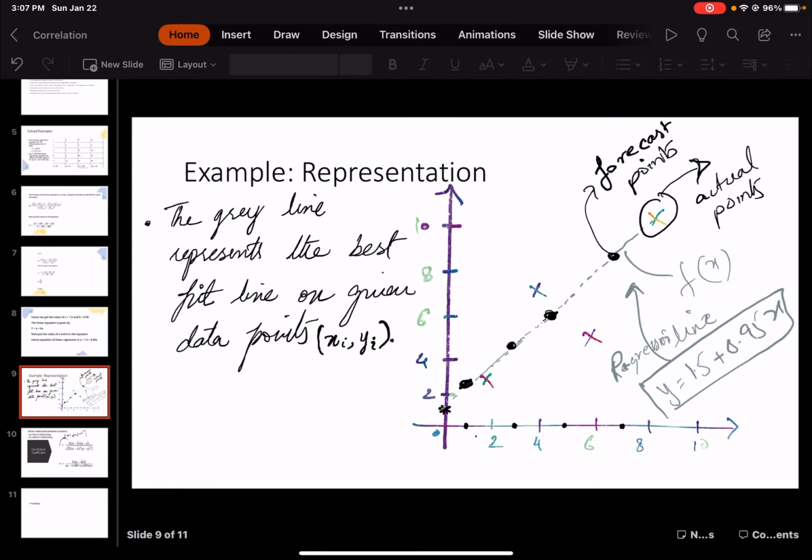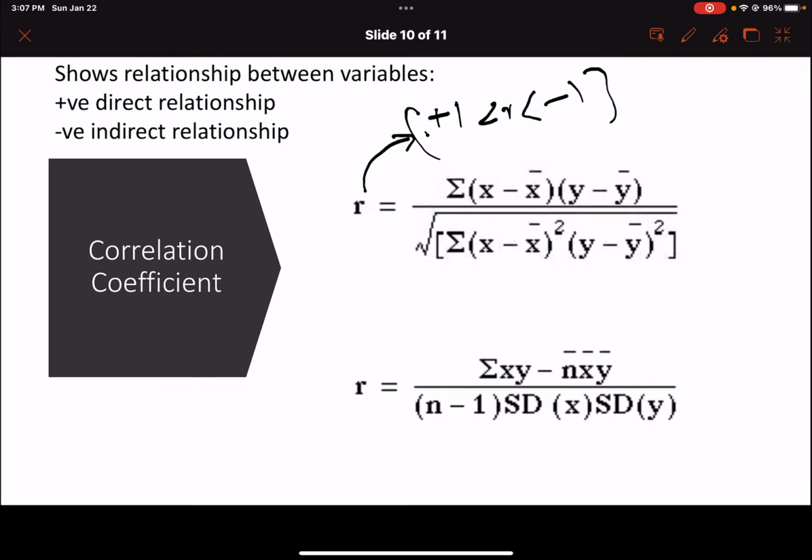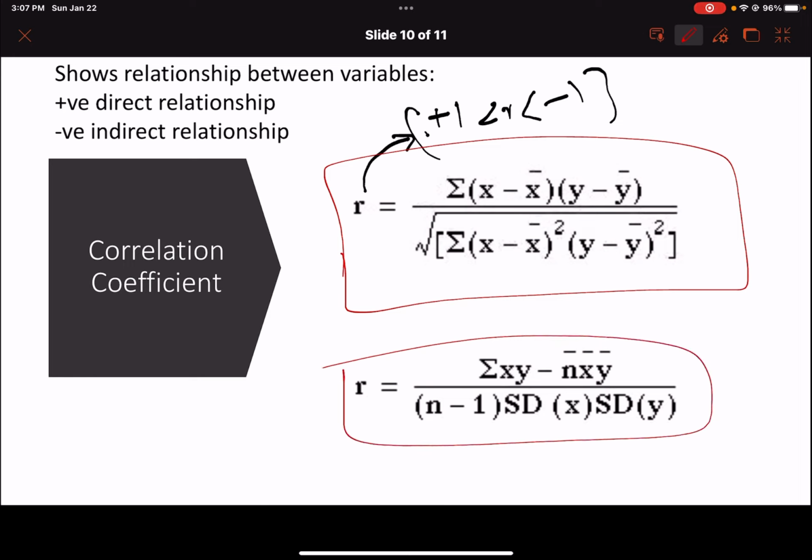So if you have any further questions related to the assignment that was given to you, you can ask me. Yes, so this was the equation. If somebody still doesn't know, this was the equation of correlation. Another representation is this, and the value is between 1 and -1, and the closer it is to the extreme values, the stronger the relationship is.